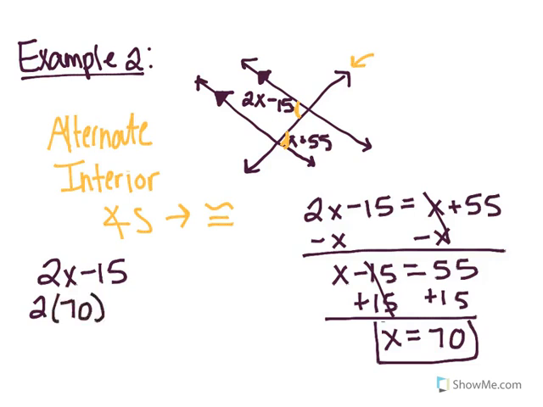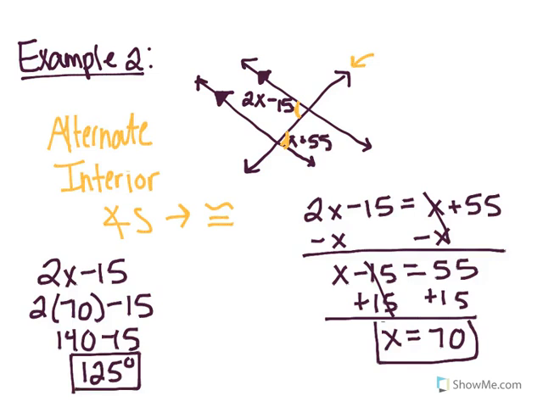So 2 times 70 is 140. We're going to take away 15, and that's going to give me 125 degrees.